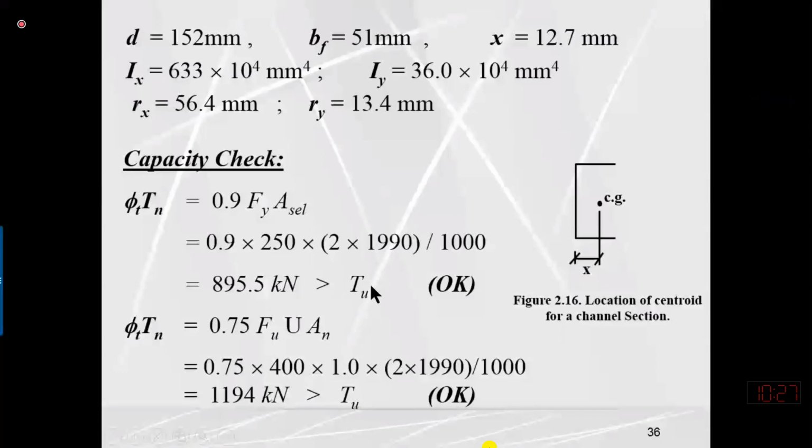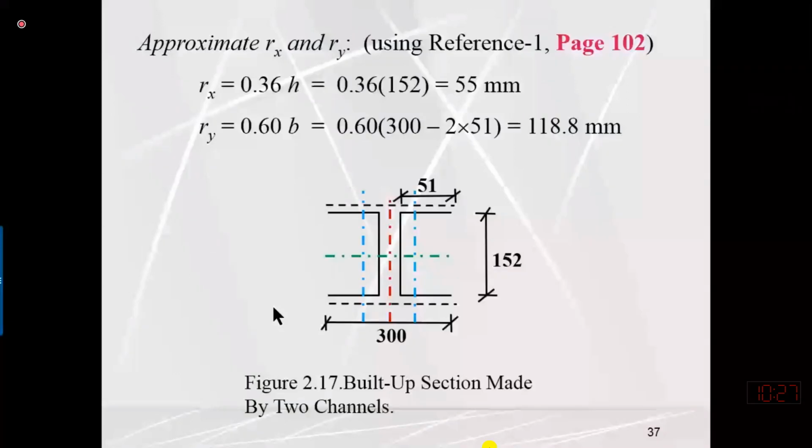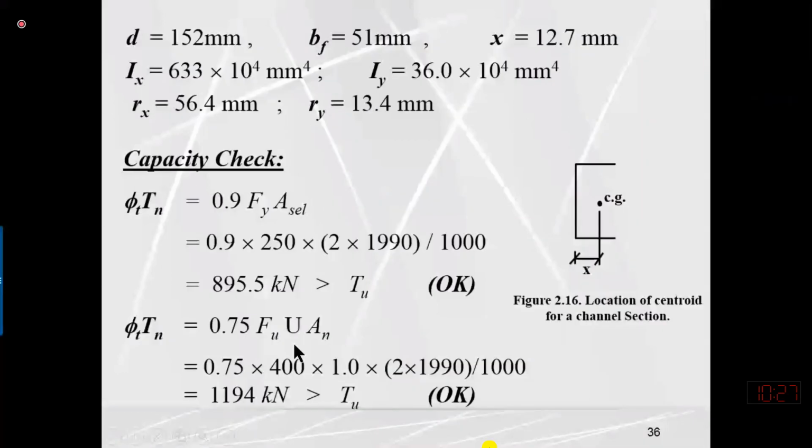So this is okay. Anyhow, we did not use the rupture criteria for the calculation of the required area, but we may check the capacity in rupture also. So in rupture, phi T value is 0.75. In rupture criteria, we have to use the ultimate stress and effective area. So effective area is equal to U, the shear lag factor, multiplied by net area.